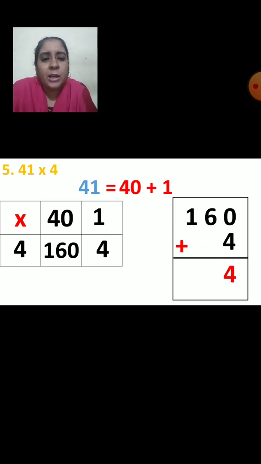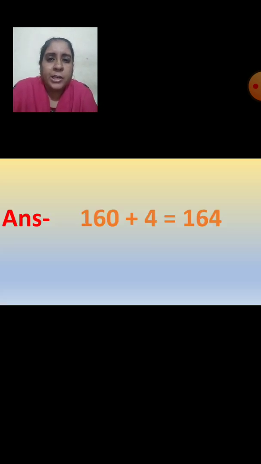Now 6 will come down. Again 1 will come down. So you got how much? 164. So your answer is 160 plus 4 equal to 164. So this is the way how you have to do multiplication sums using lattice method.